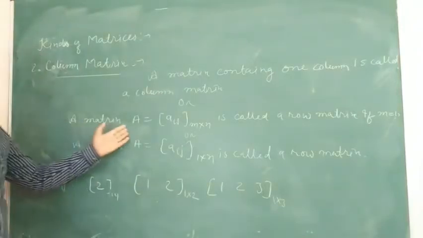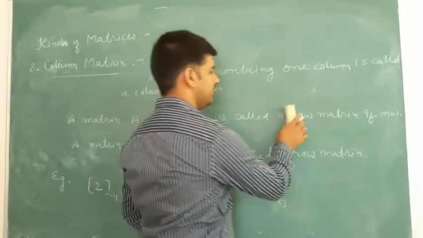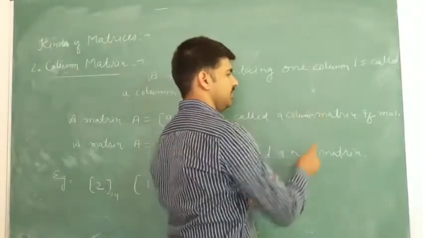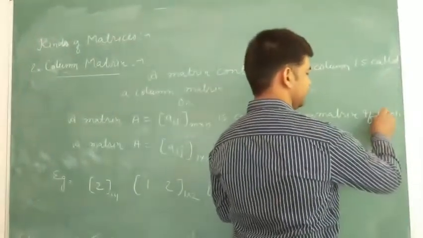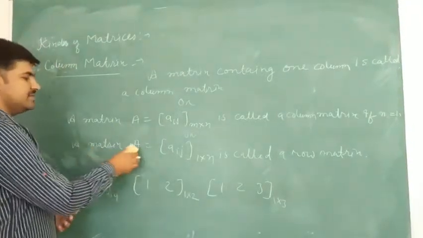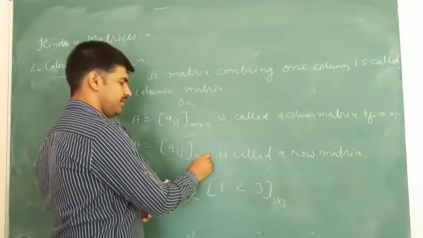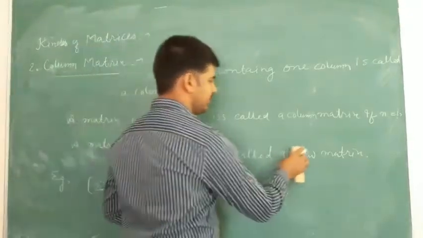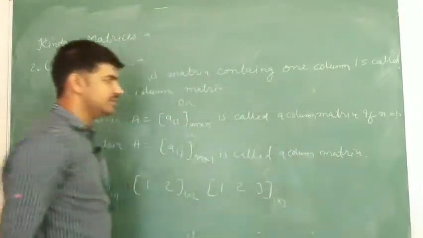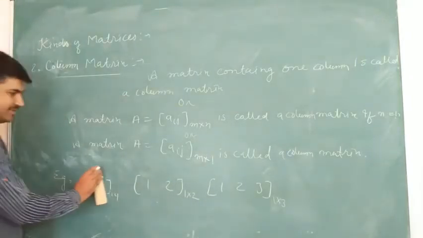Or a matrix Aij of order M by N is called a column matrix if N is equal to 1, or you can say if there is only one column in the matrix. Or a matrix A of order M by 1 is called a column matrix. So I have written all three possible definitions of a column matrix.